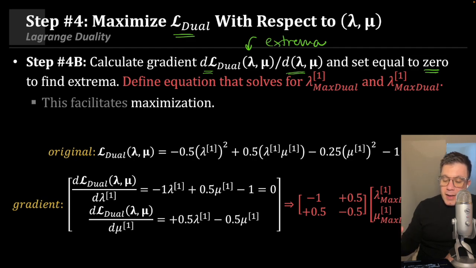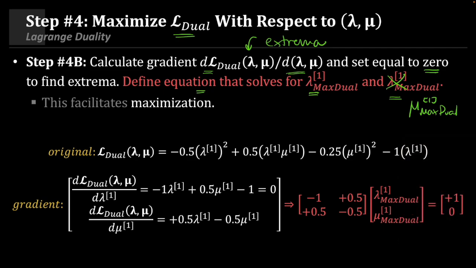And so then we're going to define an equation that is going to allow us to solve for these two values. And actually, I apologize, this should be mu, because we're solving for both lambda and mu. Now, what does this subscript mean? Lambda max dual is just the value that maximizes the dual Lagrange function, and mu max dual is, again, the mu value that maximizes the dual Lagrange function.